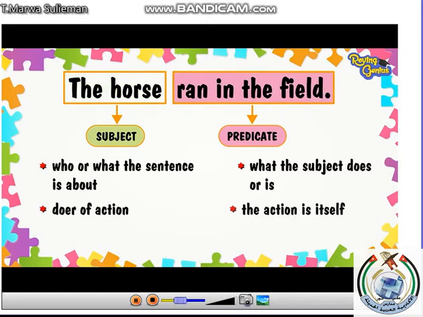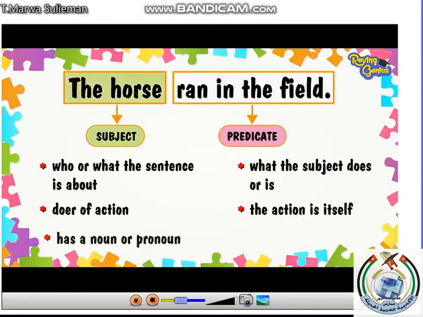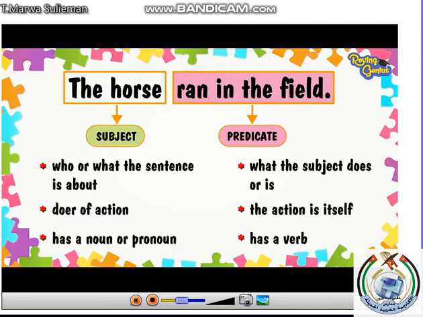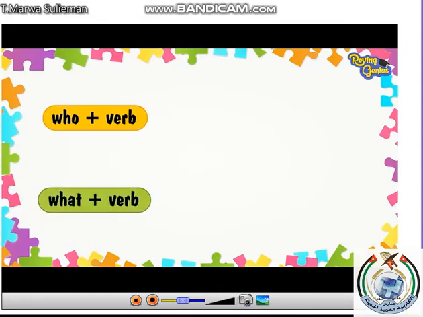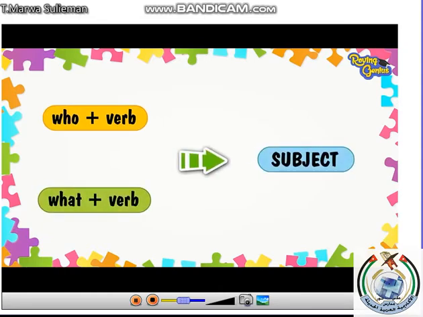The predicate is the action itself. A subject has a noun or a pronoun. The predicate always has a verb. Remember, when you ask who or what to the verb in the sentence, you get the subject of the sentence.